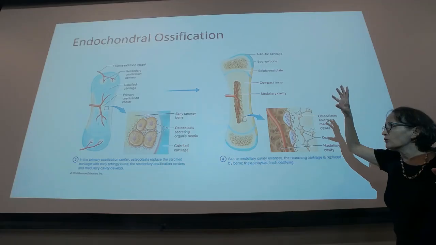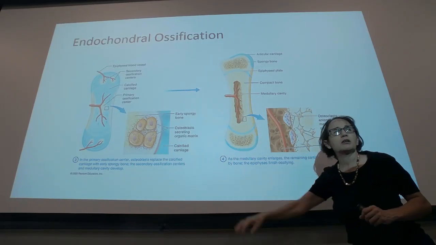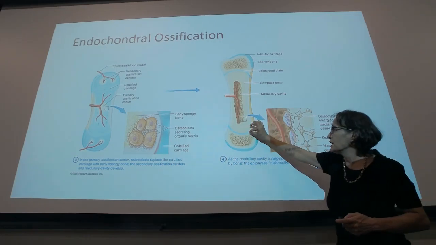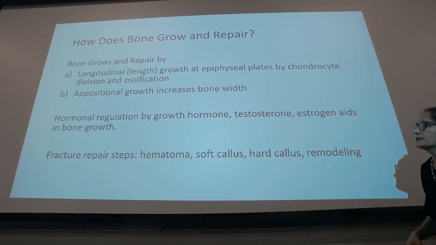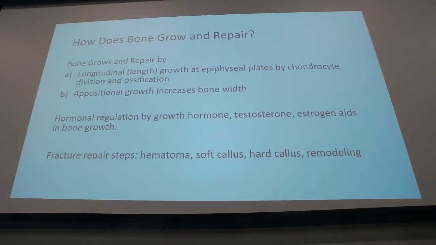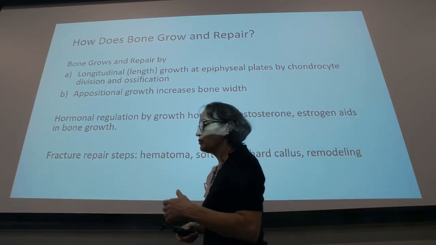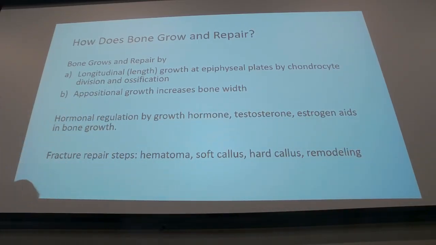And then when you stop growing, this plate will become a line. And at least in this area, something that is going to happen is that you will have increased number of mitosis in certain areas to increase the bone in length as well.